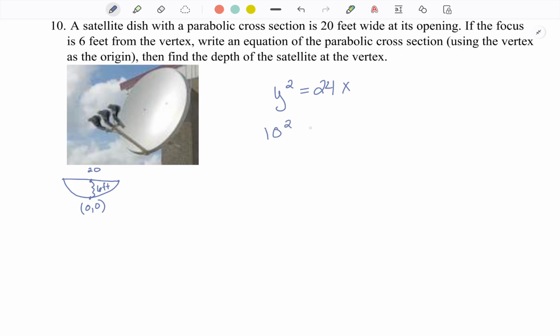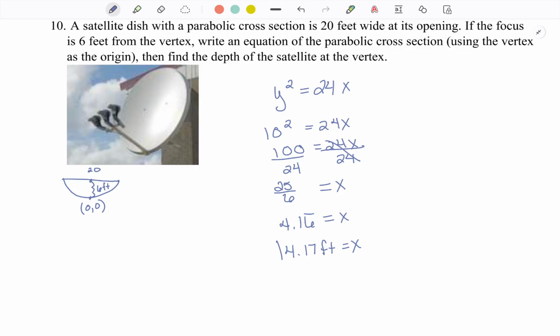So 10 squared equals 24x. That is 100 equals 24x. Then divide by 24. And that gives us 25 over 6, which is really 4.16 repeating. So approximately 4.17 feet for our depth.